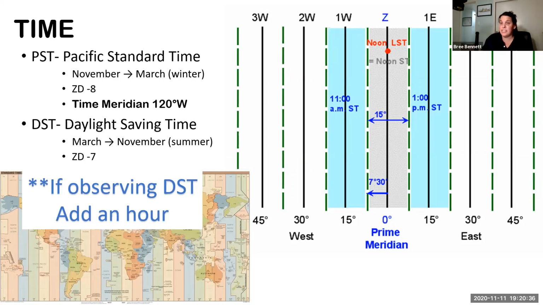If I'm actually observing zone description 7, then I need to apply that 1 hour. I hopefully know what zone description you're observing at the time. I guess some people are more aware of that than others. Anyways, okay, any questions on time?